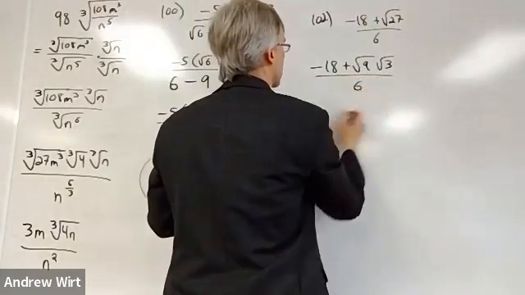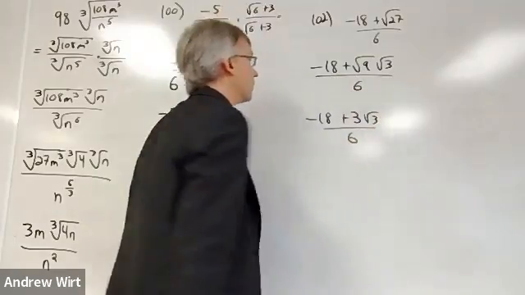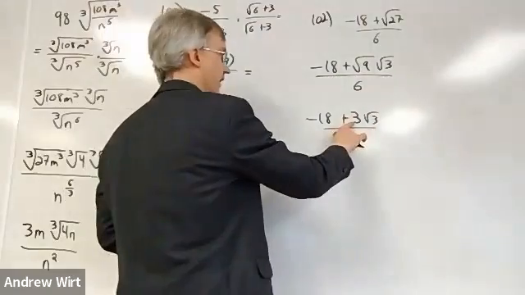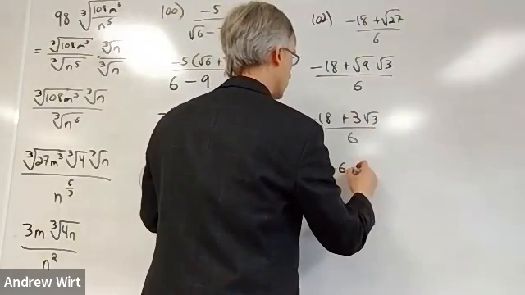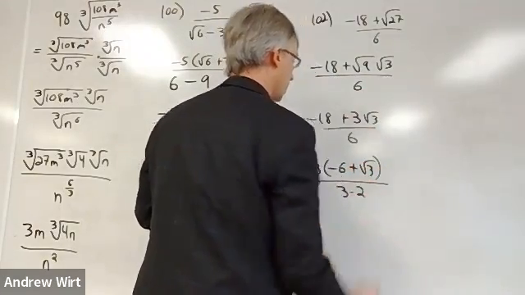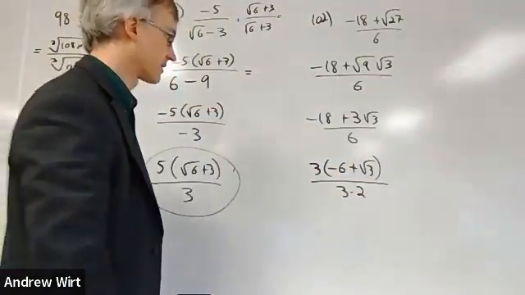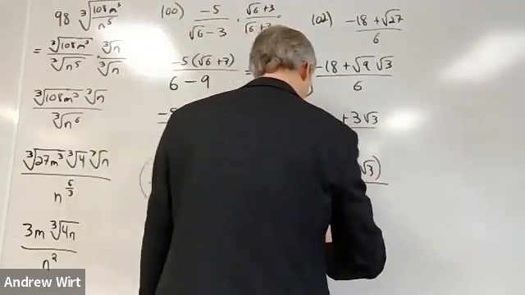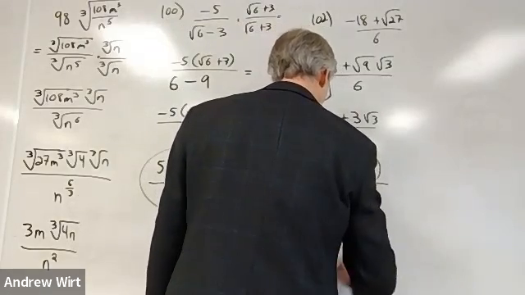All this over 6. So square root of 9 gives us 3, and now we can factor a 3 out of the top. And once I do that, I usually just write the denominator as 3 times 2, and I can just see the cancellation there. So those 3's are going to cancel, leaving -6 plus the square root of 3 over 2.